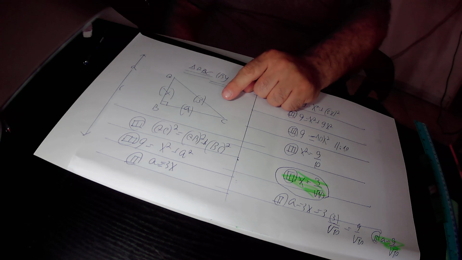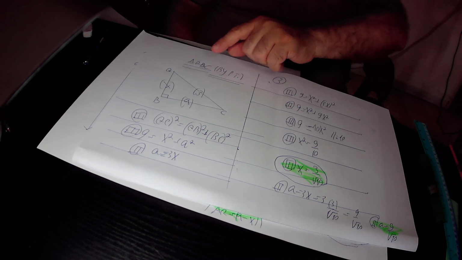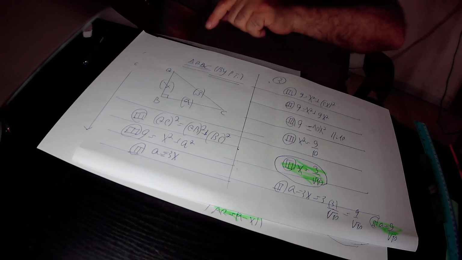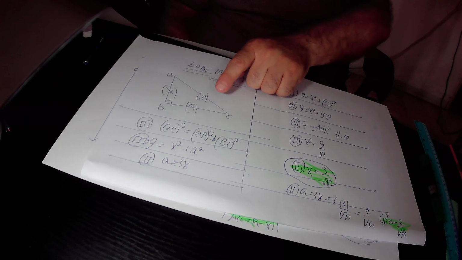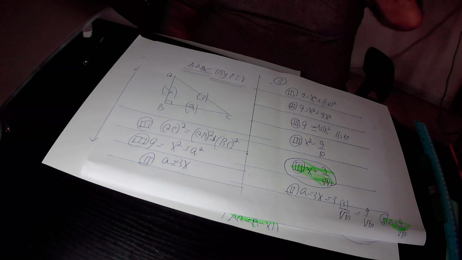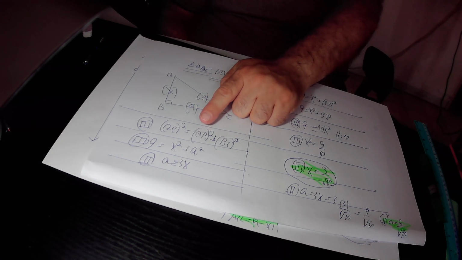QC is 3, therefore QC squared is 3 squared, that is 9. It is equal to QB squared, QB is x, therefore QB squared is x squared, plus BC squared. BC is a, therefore BC squared is a squared. So we found that, according to equation 3, 9 equals x squared plus a squared.